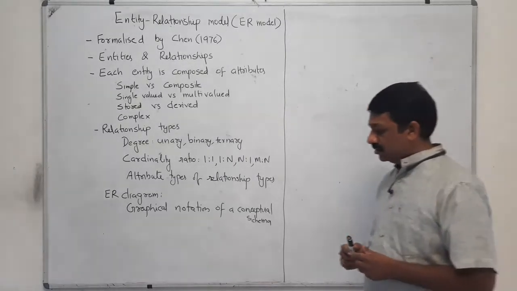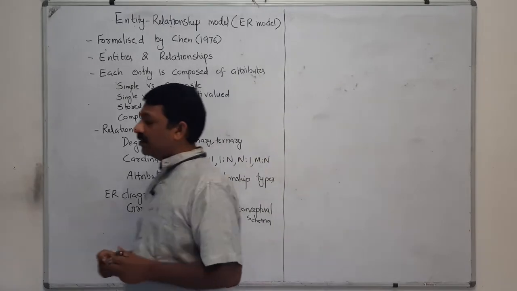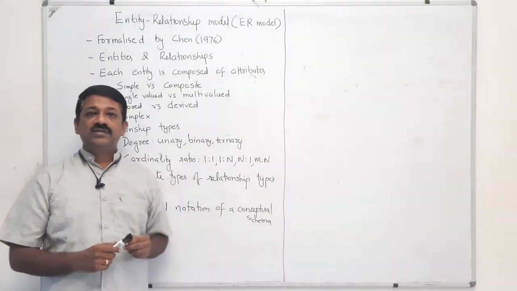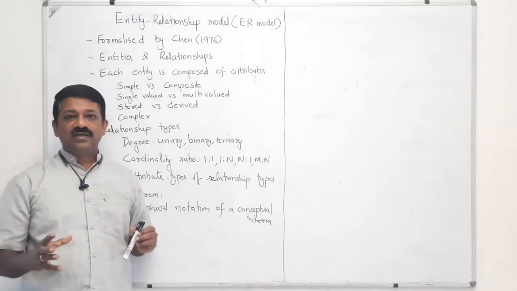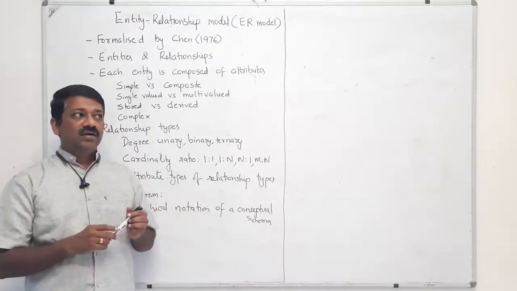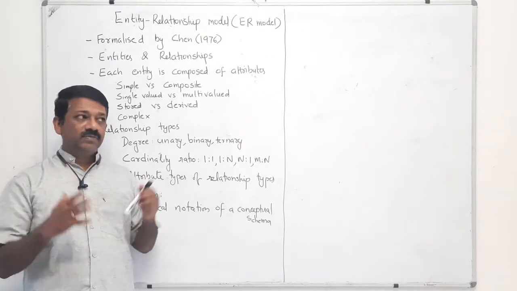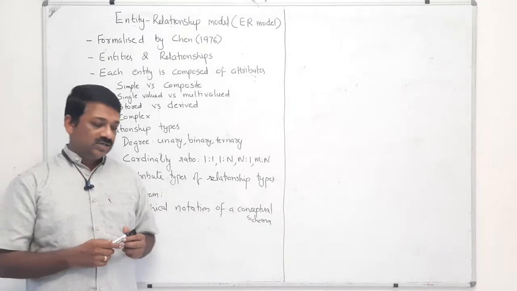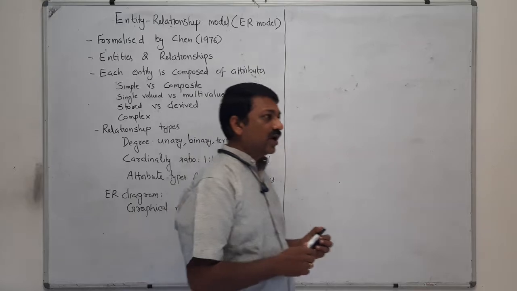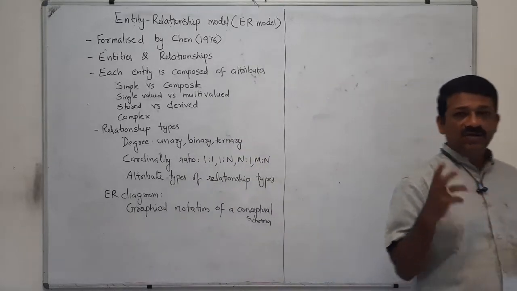So if you want to be a good database designer or system designer, that means if you want to computerize a particular firm or enterprise, initially you should have a discussion with the stakeholders.